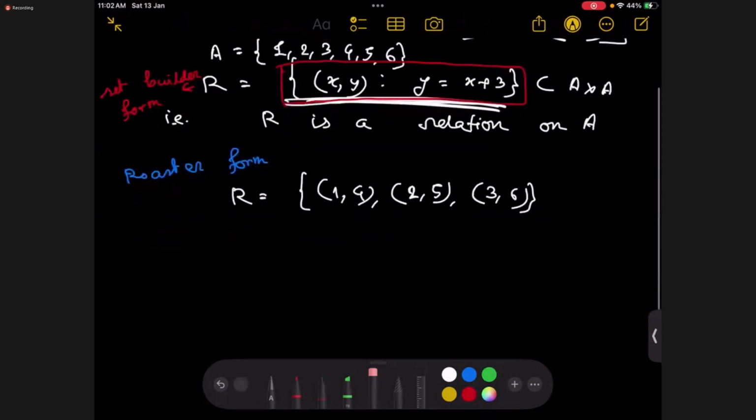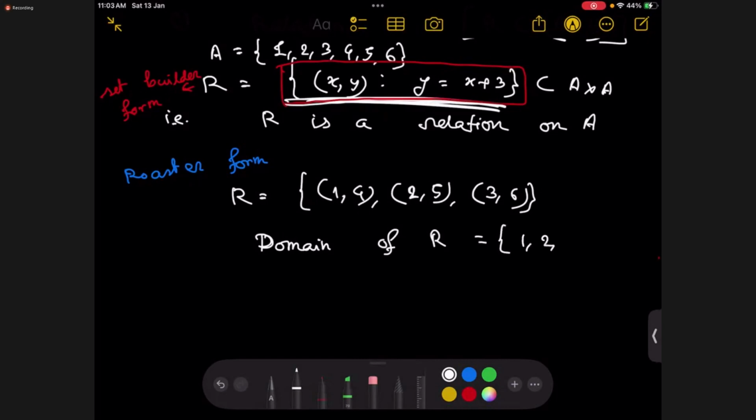So if I point out the domain of this relation, the domain of R is 1, 2, 3. What is the image of R?